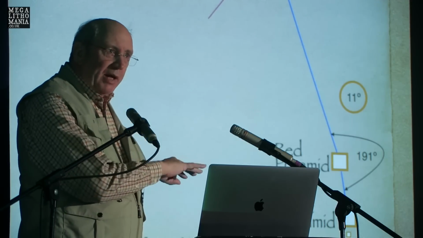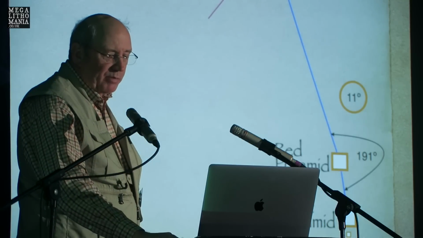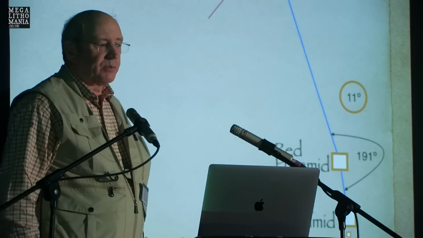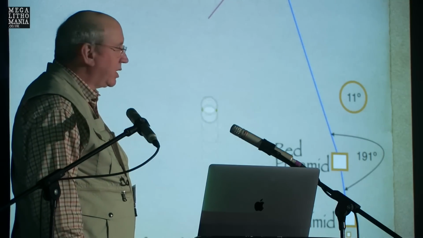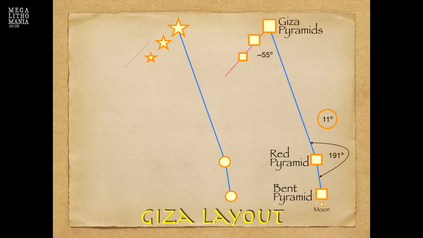So what is this pattern? What am I thinking that this represents? I think it represents this, a series of stars and points. So what's this? Well, let's put some names on this as well.